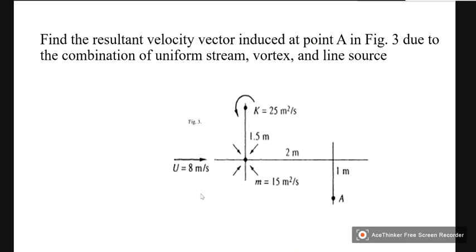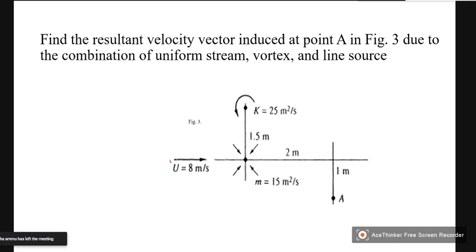See, this is the next problem. Find the resultant velocity vector induced at point A in figure 3 due to the combination of a uniform stream, vortex, and line source. So here you have three flows.